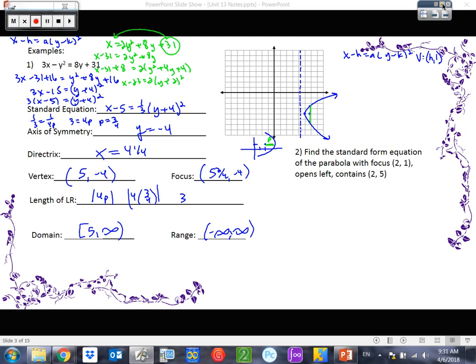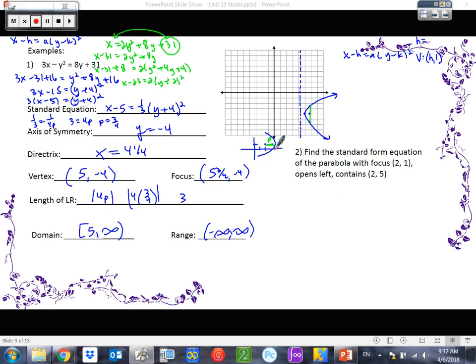So I could say that h would equal, that's my x coordinate. Let's think about this for a second. It's referencing the focus at 2, right? And since I'm opening to the left, what is the sign of my P going to be? Negative. I want you to think logistically.